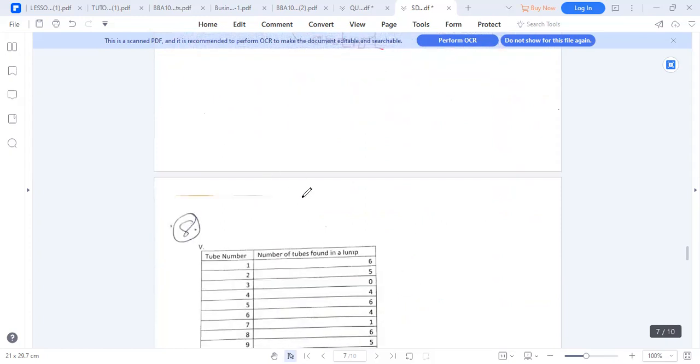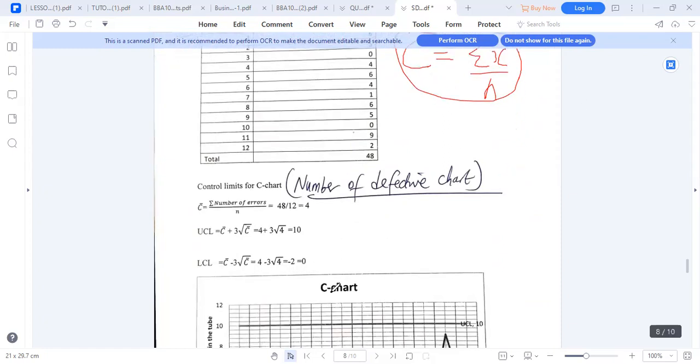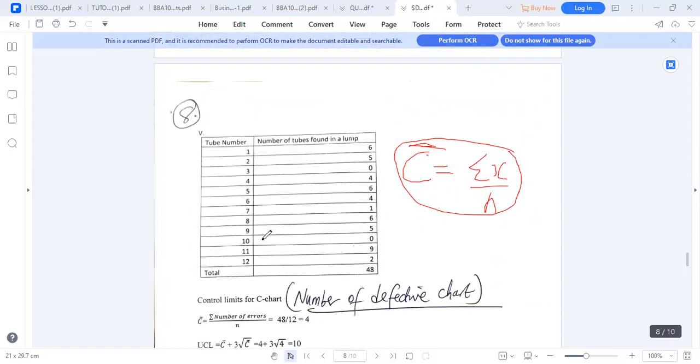The next one is the number of defects chart. This is the C chart. For the C chart, C bar is the center line, the summation of X over N. This is the one we're talking about concerning the C chart, which is 4, with the values going up to 12.